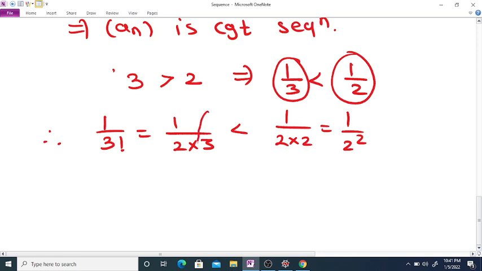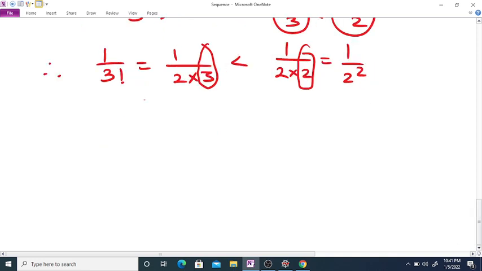So 1 by 3 factorial is less than 1 divided by 2 raised to 2.